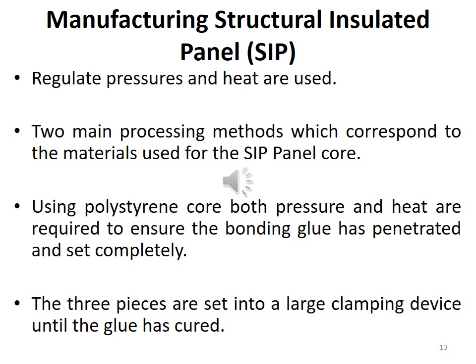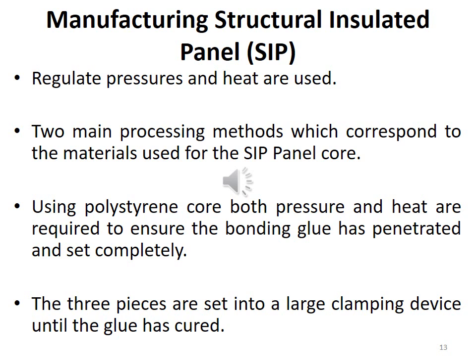Structural insulated panels are most often manufactured in traditional factory processing equipment that is used to regulate pressure and heat in a uniform and consistent manner.